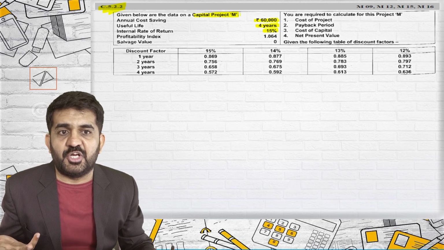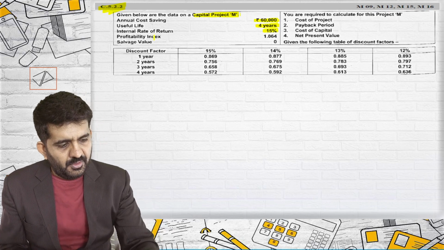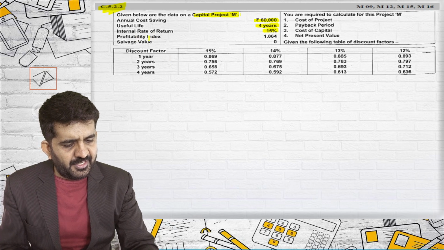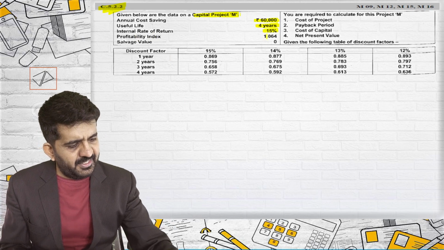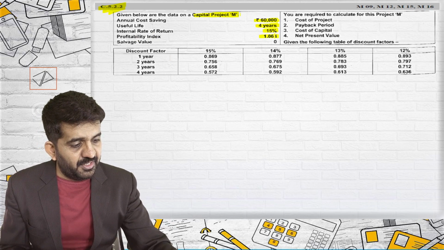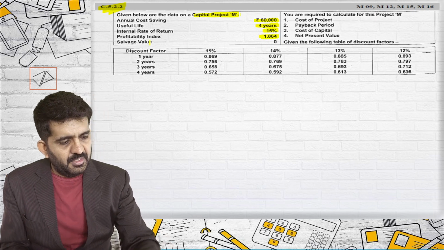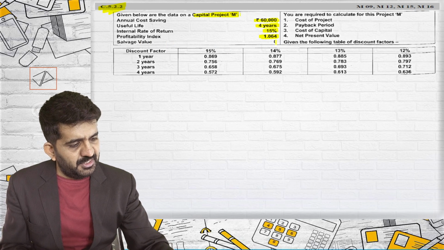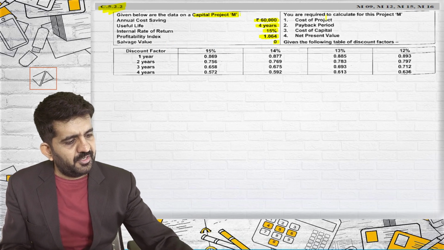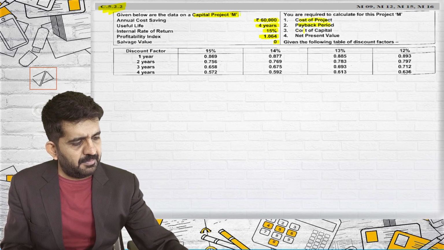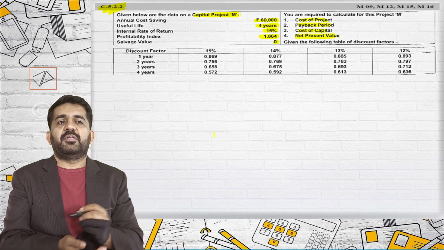This is your cash inflow. Profitability index, PI, is given as 1.064. Salvage value is 0. You are required to find out the cost of project, payback period, cost of capital and net present value.